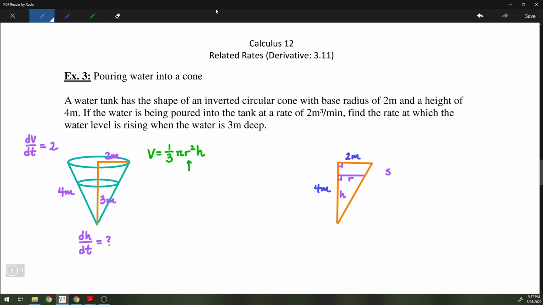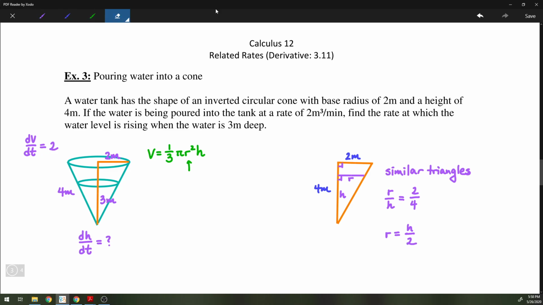Because they're similar triangles, we know that R divided by H is equal to 2 divided by 4. The ratios of the sides of these similar triangles must be the same. So we can solve for R. R is going to be equal to H over 2.